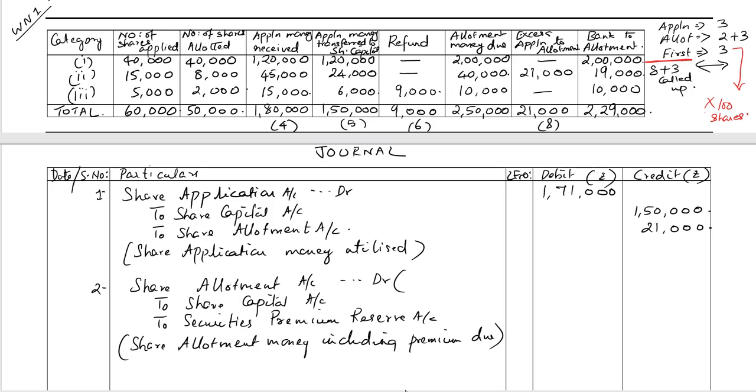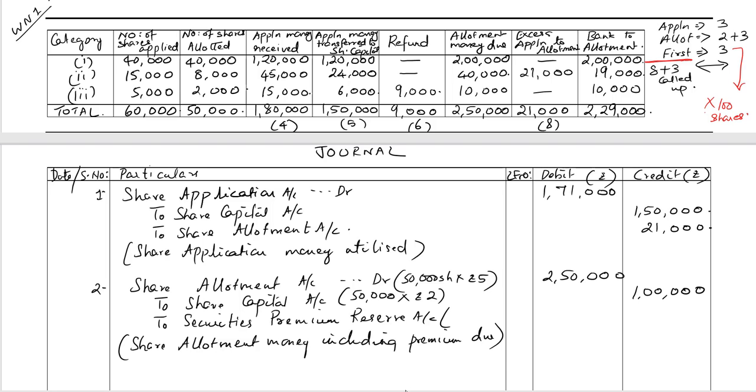The total amount, again share allotment account, 50,000 shares multiplied by rupees 5 per share, 2,50,000 rupees. The amount, again share capital account, 50,000 shares multiplied by the allotment money towards share capital, which is rupees 2 per share, 1 lakh rupees.